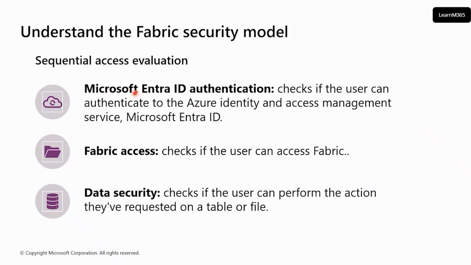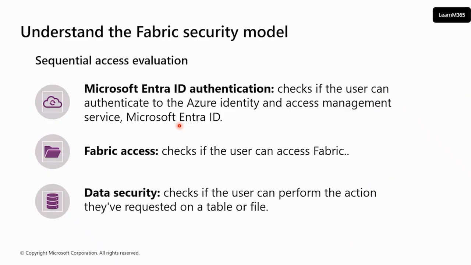The very first evaluation is Microsoft Entra ID authentication, which we can consider as gate 1. It checks whether the user is who they claim to be. If you say you are this person, it checks whether you are that same person or not. It checks if the user can authenticate to the Azure identity and access management service, Microsoft Entra ID.